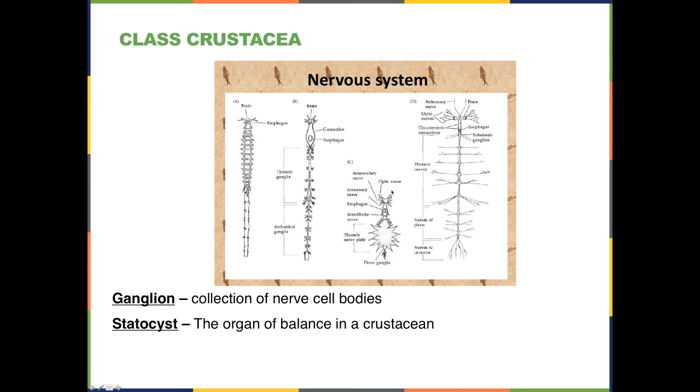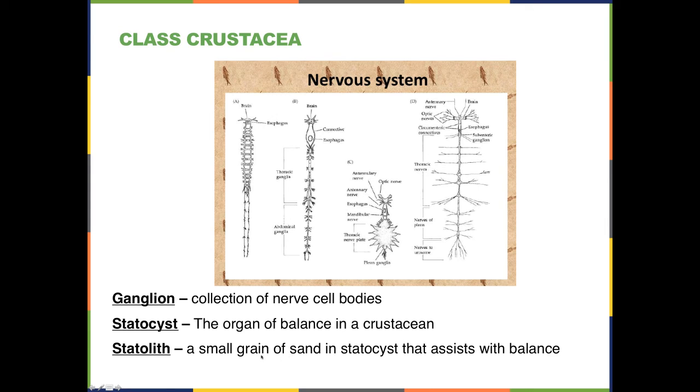In the head of the crustacean is something called the statocyst. The statocyst is the organ of balance in the crustacean, much like our semicircular canals or the balance organ in the human. And the statocyst has something known as a statolith within it.